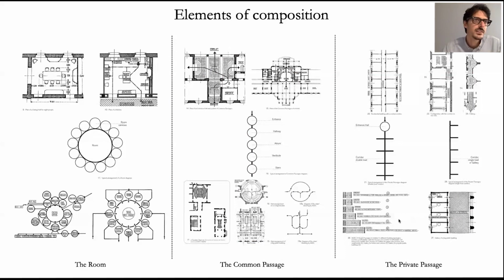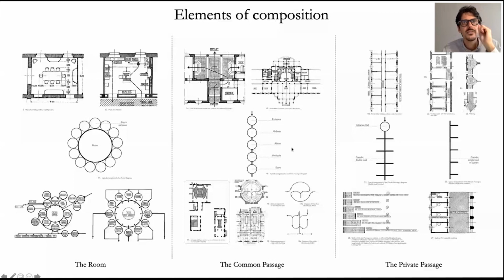The first is nothing else than the room, but the room can have whatever kind of shape. It can be triangular, circular, square, whatever, but its most generic form is the circle.